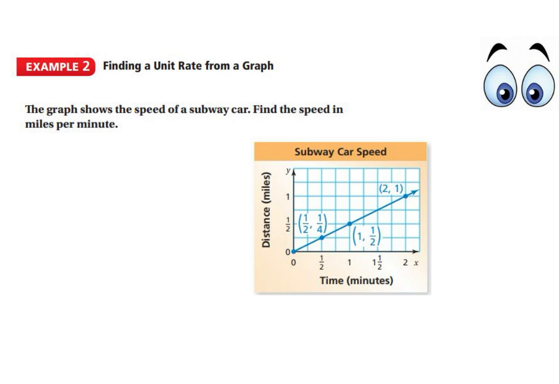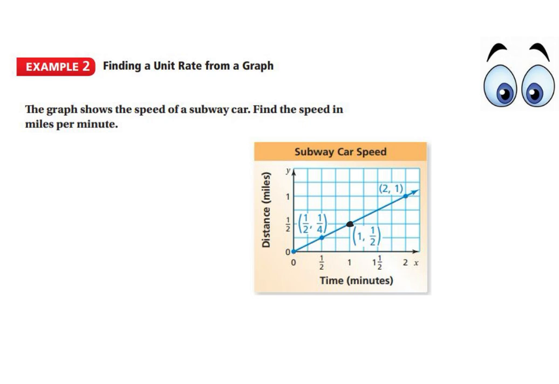In example number 2, we're given a graph that shows the subway car's speed. And it says to find the unit rate from the graph. The graph shows the speed of the subway car. Find the speed in miles per hour. So one way we could think about this is we could look at the point 1, 1/2. 1 in this situation is minutes, and 1/2 is how many miles are traveled.